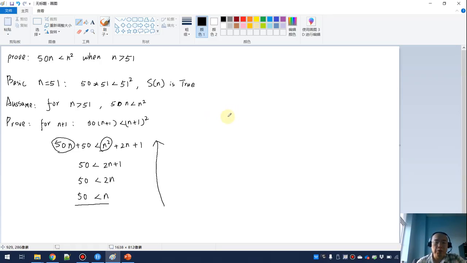Well, we know n is greater than 51, right? So we started from the known part. And then we can say n is definitely greater than 50. Is that true? Yes. And then 2n is of course greater than 50, because if n itself is greater than 50, then 2n is of course greater than 50.